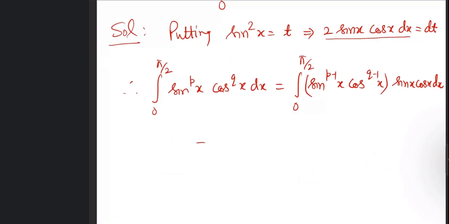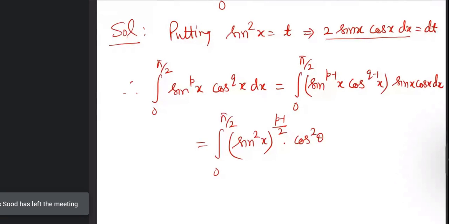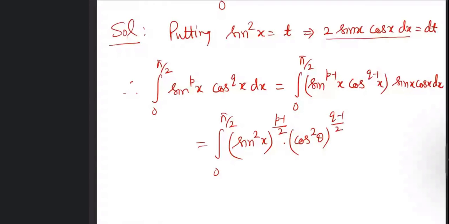That can also be rewritten like this: integral 0 to pi by 2 of sine square x raised to the power (p minus 1) divided by 2, cos square x raised to the power (q minus 1) divided by 2, into sine x cos x dx.